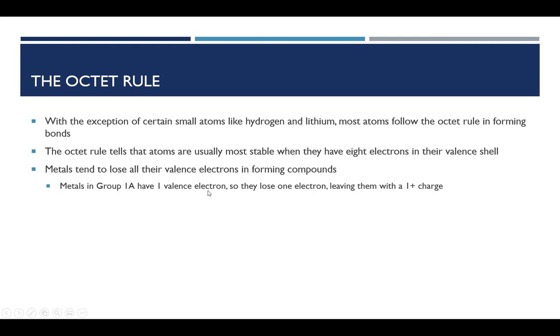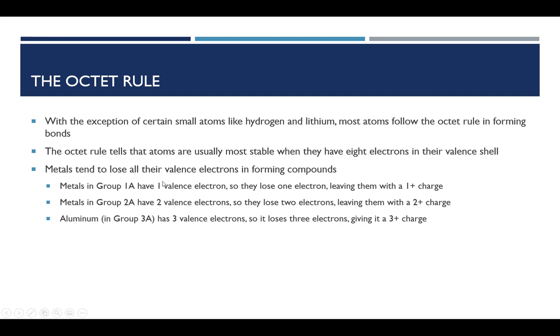You never lose protons in chemical reactions or exchanges, but you have 1 more proton than you do electron, so that means that these would have a 1 plus charge. The pattern continues in group 2A. They lose both of their valence electrons, and that leaves them with a 2 plus charge.